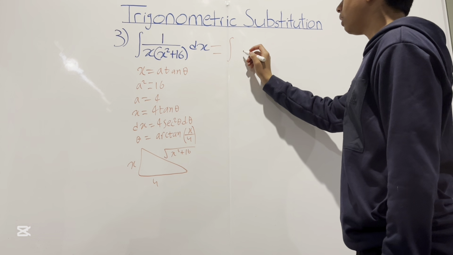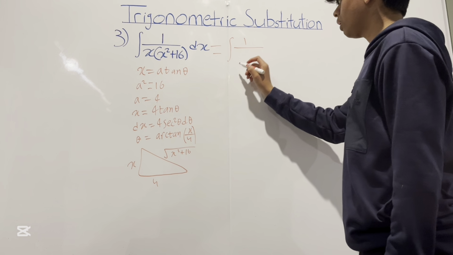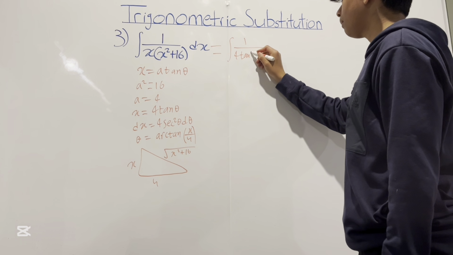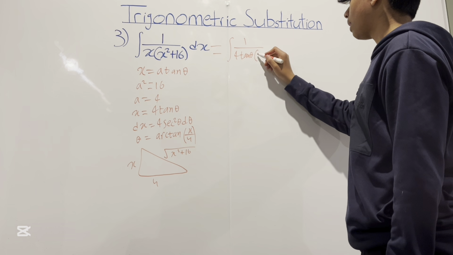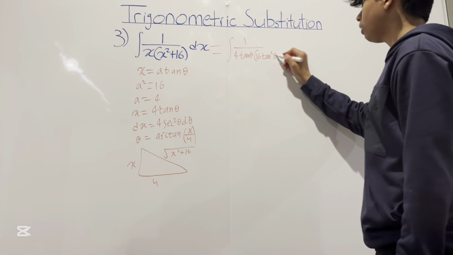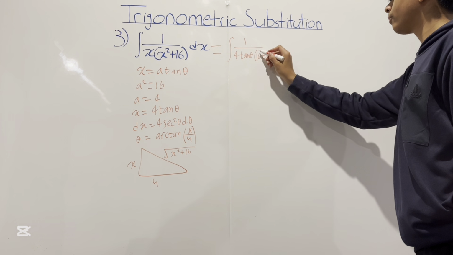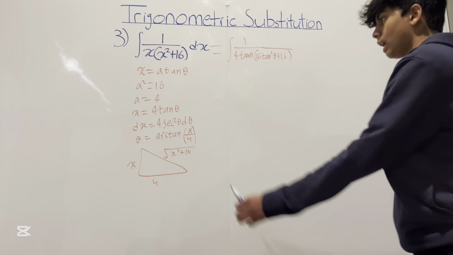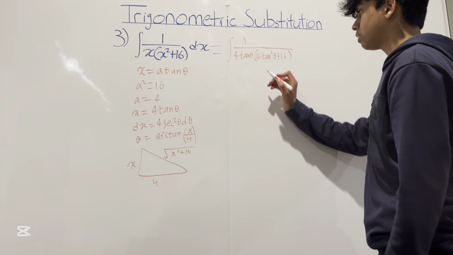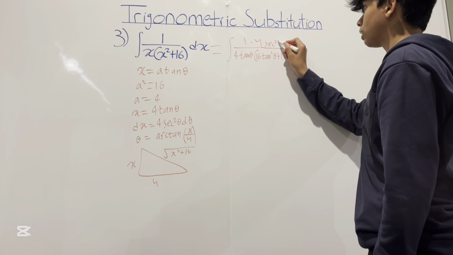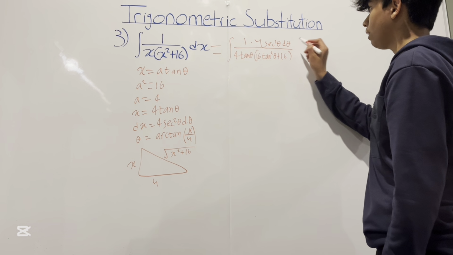So this is going to be 1 over x, which is 4 tan theta, multiplied by 16 tan squared theta plus 16. And then dx is just 4 secant squared theta, so multiply by 4 secant squared theta d theta.